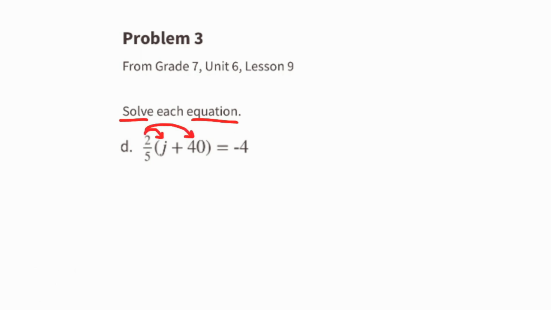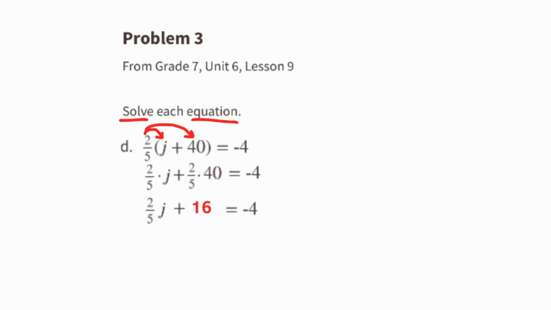So we have 2/5 times j plus 2/5 times 40 equals negative 4. 2/5 times j can be written as 2/5 j, so the equation can also be written as 2/5 j plus 2/5 times 40 equals negative 4. 2/5 times 40 is the same as 2/5 times 40 over 1, which is 80 over 5. 80 over 5 really means 80 divided by 5, and 80 divided by 5 is 16.